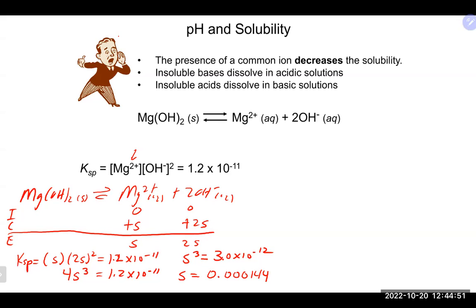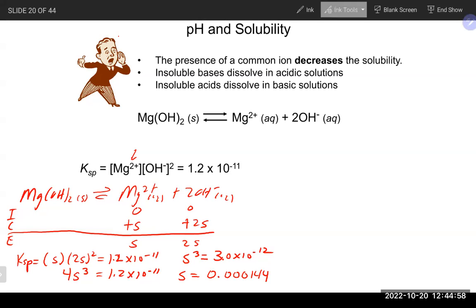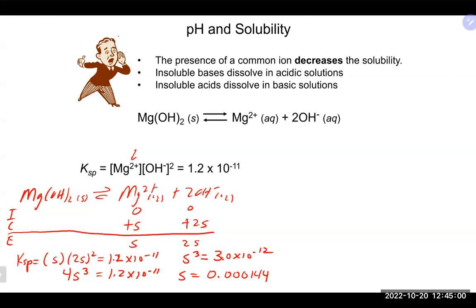Now, that S value can be very helpful for us when we're talking about pH, as we talked about earlier. If we go back to our ice table, we see that 2S is the concentration of hydroxide at equilibrium.